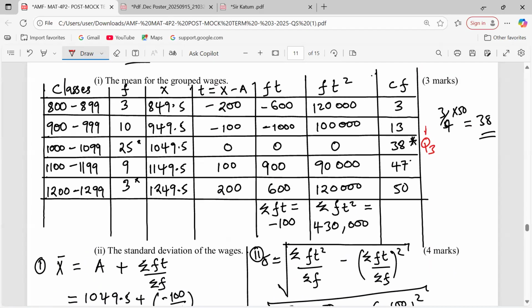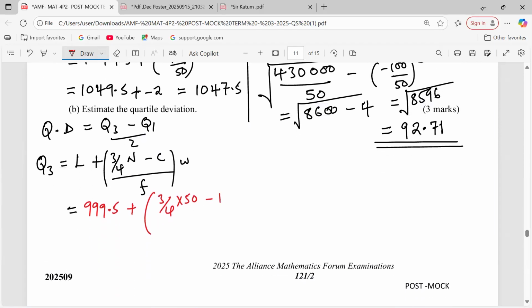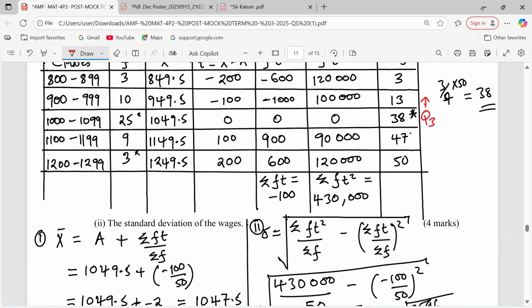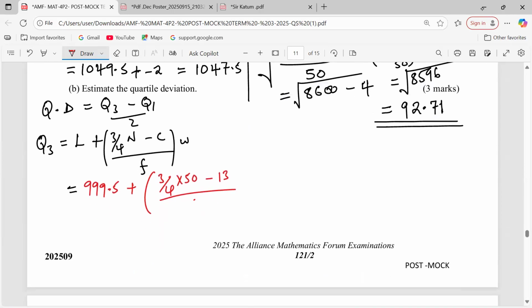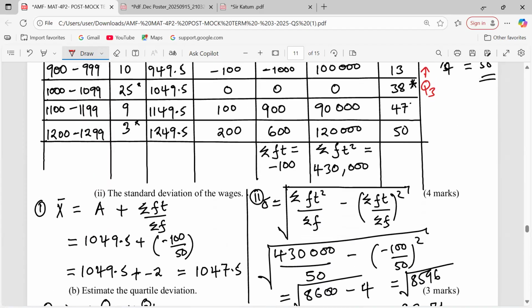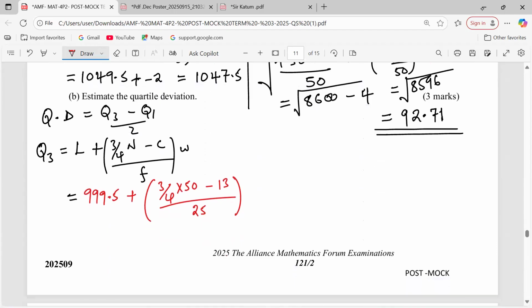Cumulative frequency just before is 13, out of the frequency of this class, which is 25, then multiplied by the class width, which is 100. The class width is 100.